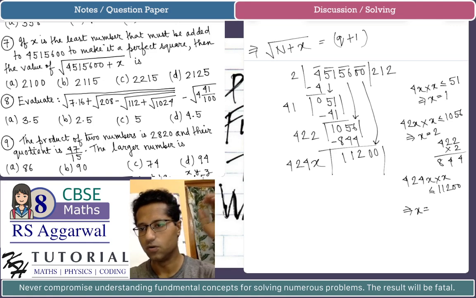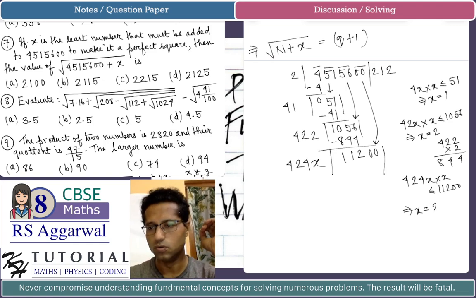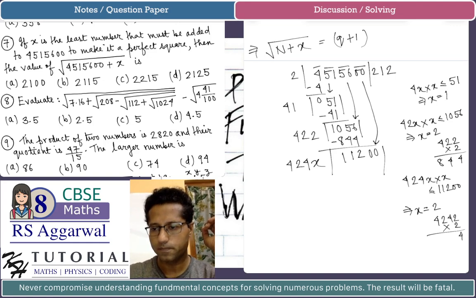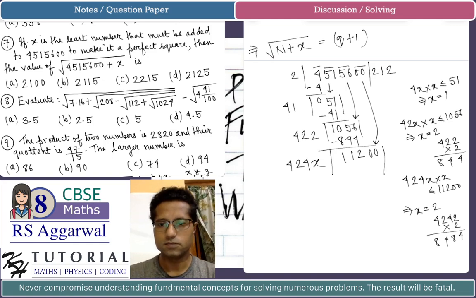So what will x be? Can x be 3? No. So x has to be, let's say, 2. We have to find it out. So 2 multiplied by 2 is 4, 8, 4, 8. Okay, so x will be 2.